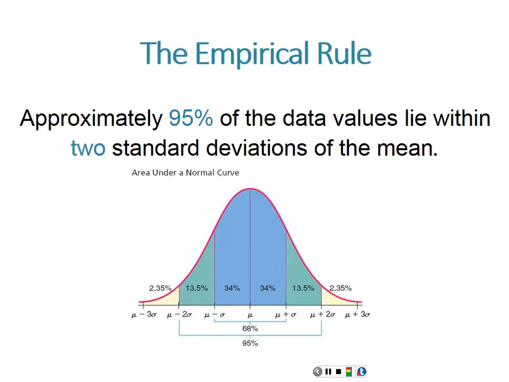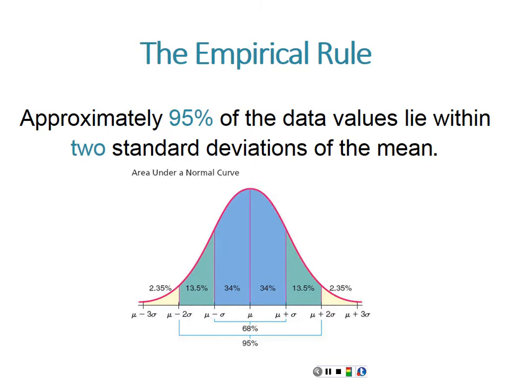The next rule should look a little familiar to you because it actually is the basis for the range rule of thumb. The range rule of thumb says 95% of your data will lie between the interval, the mean minus 2 standard deviations up to the mean plus 2 standard deviations.